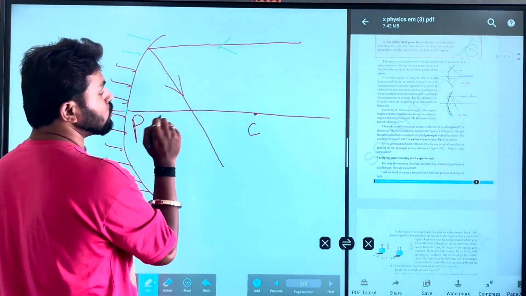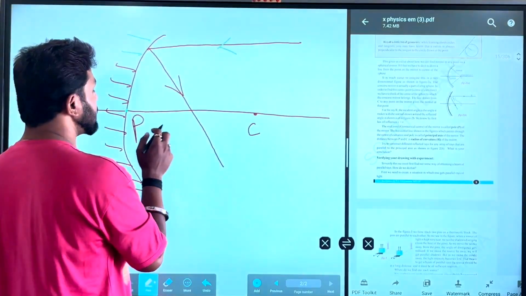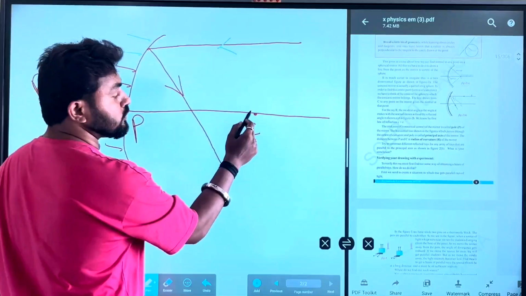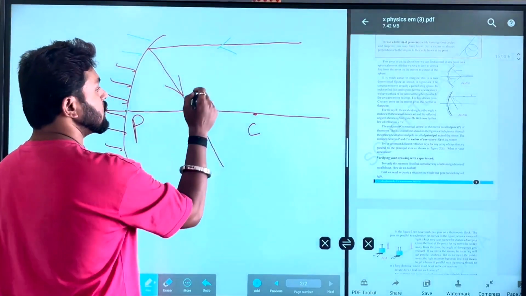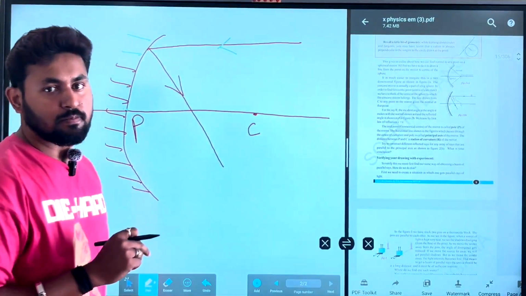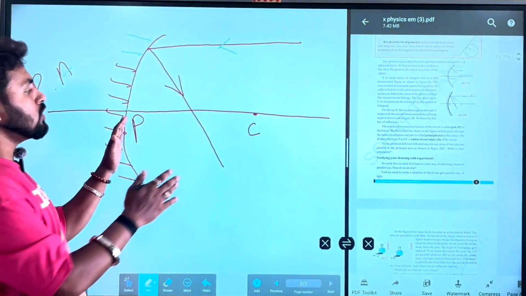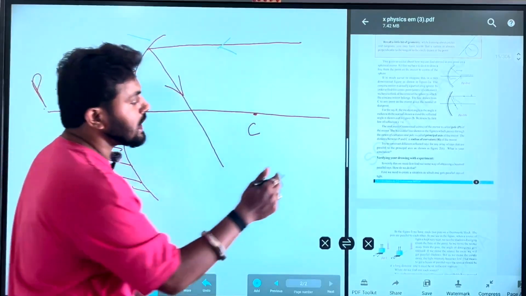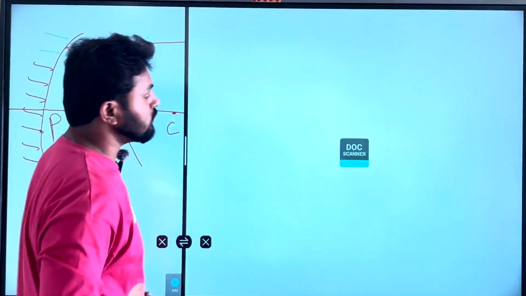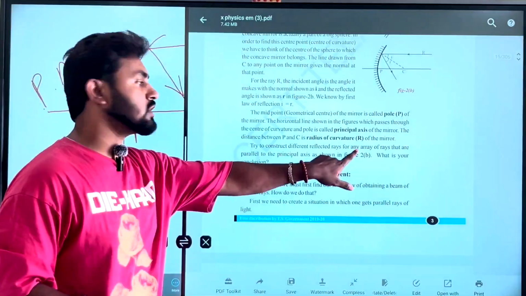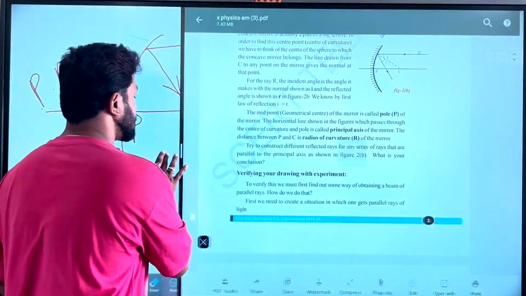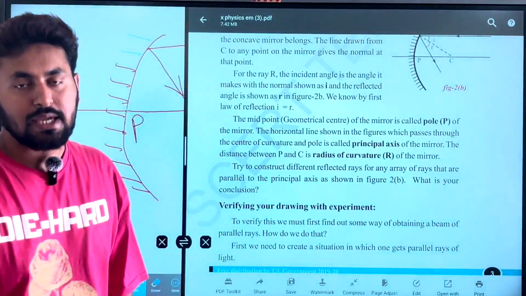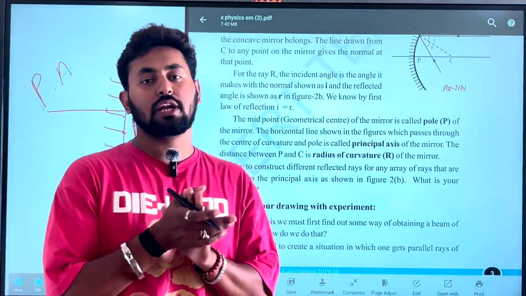I'll tell you what it is called, but you should know that the distance from the pole to the center of curvature is called radius of curvature, which is represented by the letter R.